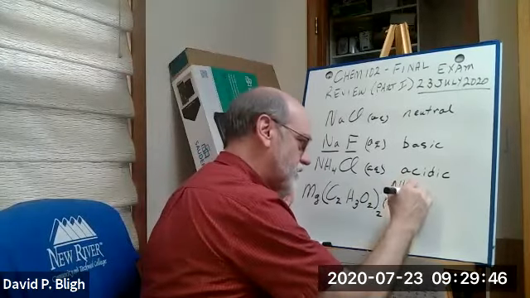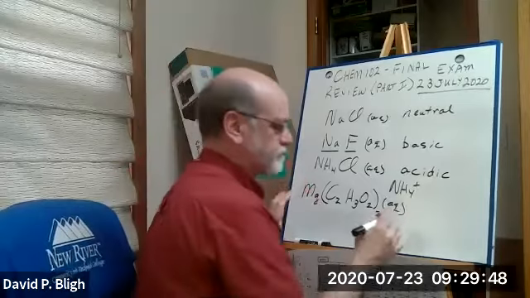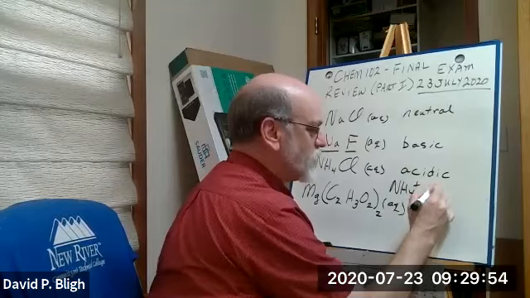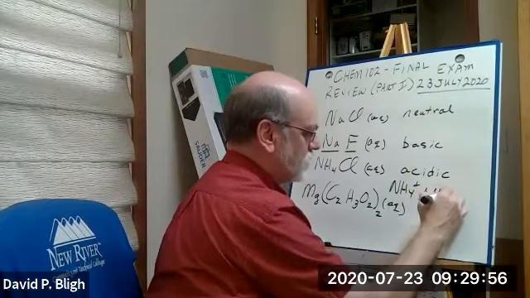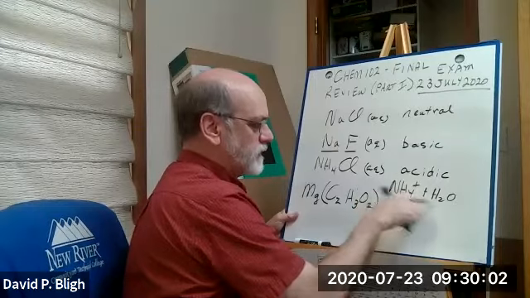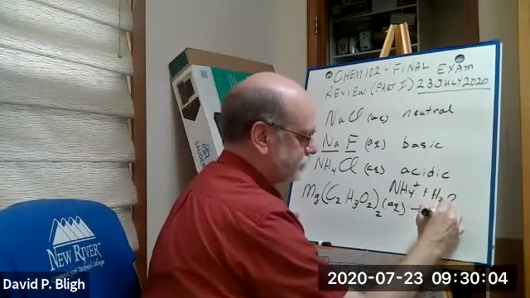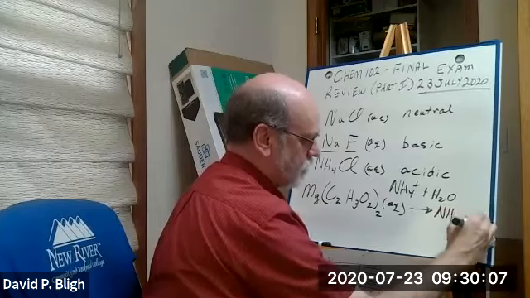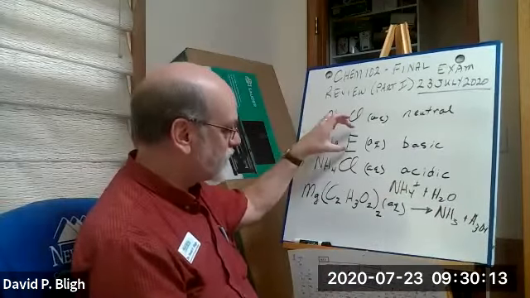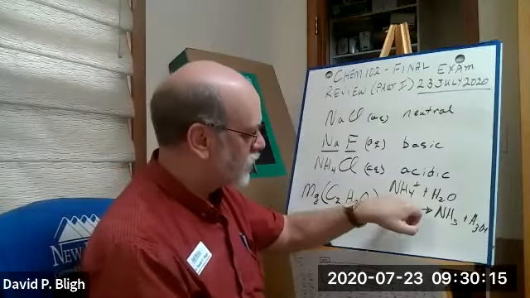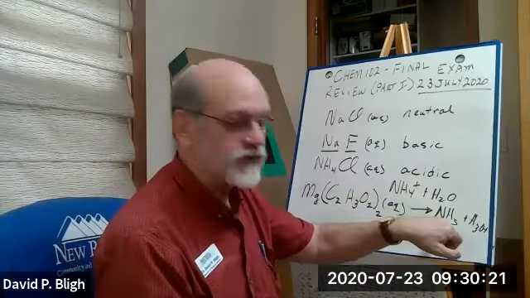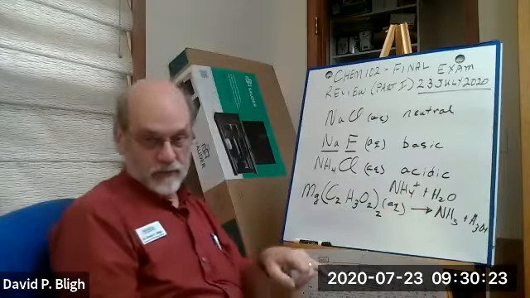Ammonium, what is it going to do? Ammonium is going to react with water to transfer a proton to water. That's the acidic side of the reaction. Just like this was the basic side, the acidic side means that this one wants to give up its proton very readily because it prefers the ammonia form.